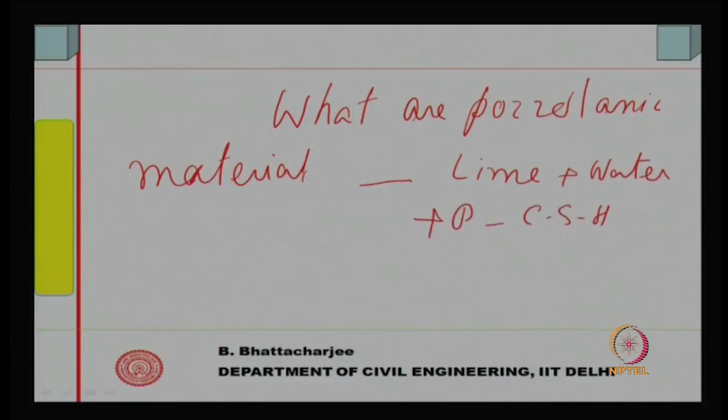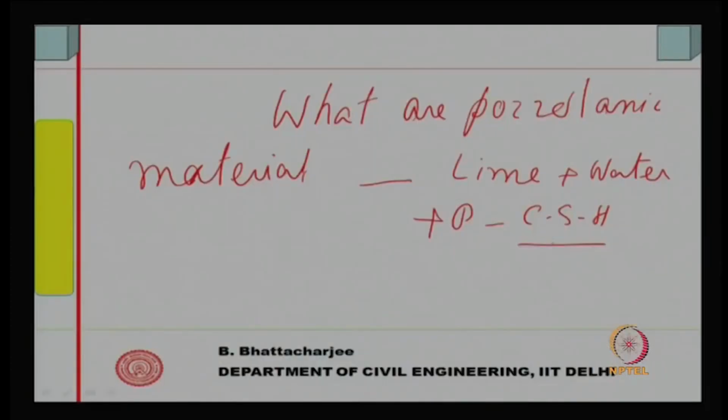In fact, there is a little bit of history which I did not mention. The name pozzolana is derived from volcanic ash. Volcanic ashes are of course not naturally available everywhere, but available somewhere, particularly in Italy.